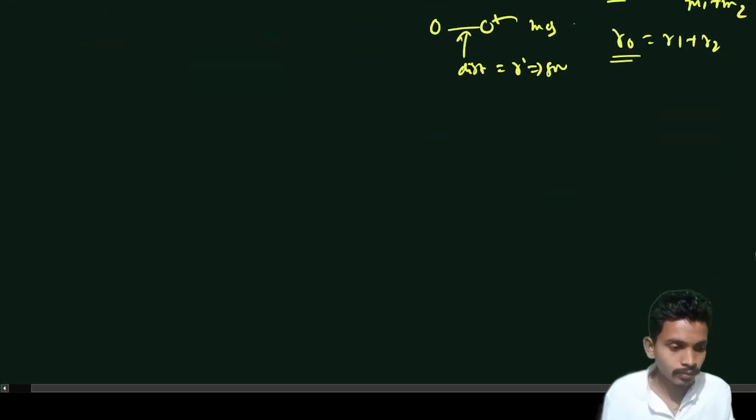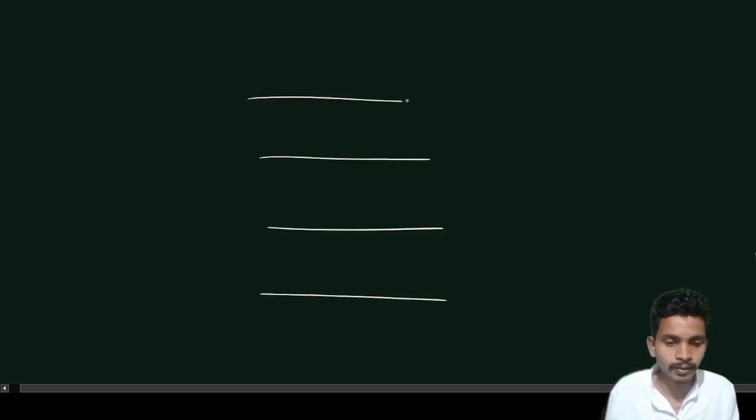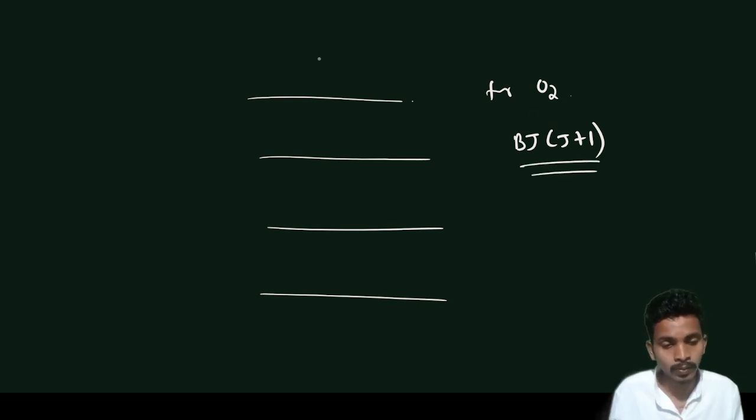Whenever I am talking about these energy levels, we derived that equation, B j into j plus 1. Let's say if we are talking about O2, or if we take CO, the energy levels will be like this.